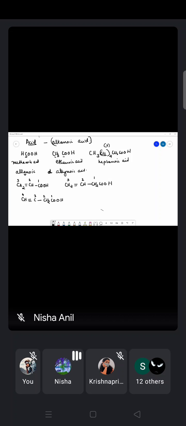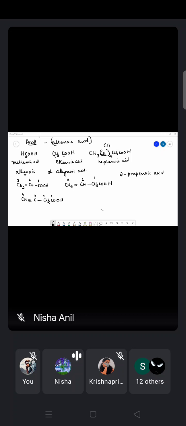So the first compound we will name as 2-. The double bond is between 2 and 3 carbon atoms. So we number the double bond as 2, and there are 3 carbon atoms. So 2-propenoic acid. Propenoic acid.